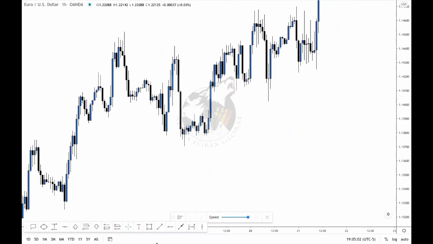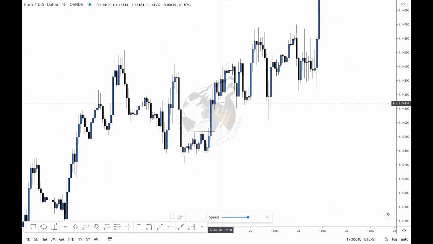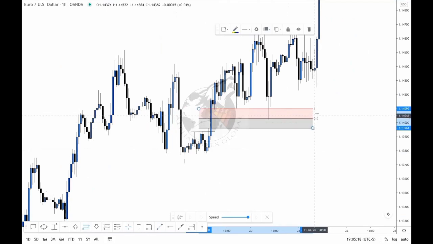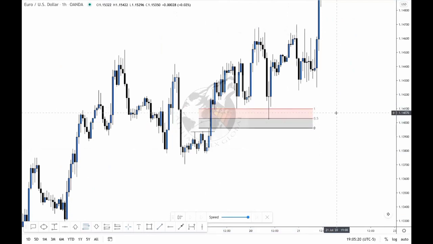Look at this area again. We had this break of structure, and remember, we're following the trend. Market pushed to the upside, and then we left inefficiency, or a gap. Look at that, 50%. And it doesn't have to be 50%, it can fill the gap completely.